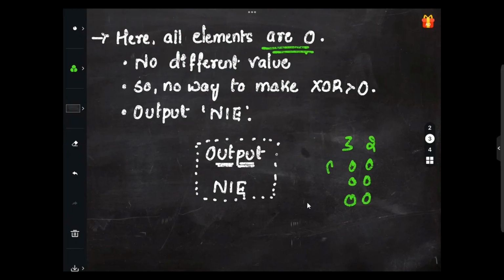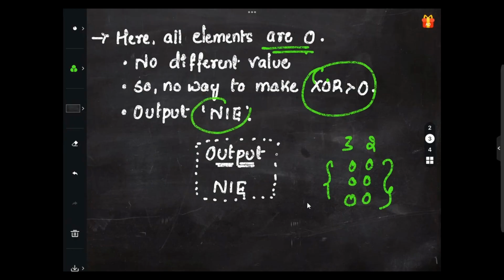So this is the input basically, and we don't have any different value here. All the elements are 0 and there is no different value. So there is no way that we can make XOR greater than 0.